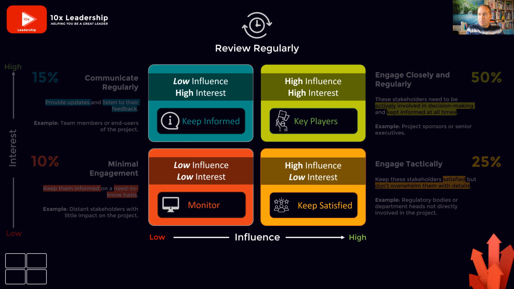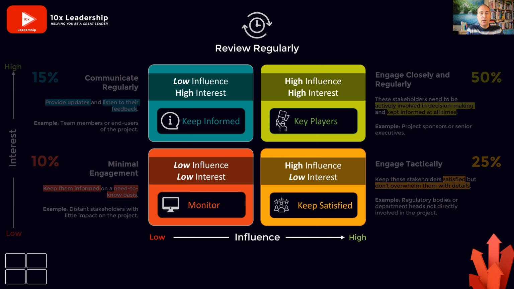If something you're doing has a knock-on impact, or they have a project that you are dependent on, they'll become a key player. That might not have been the case when you did the initial stakeholder mapping. So regularly review this and check to see whether anyone's moving.